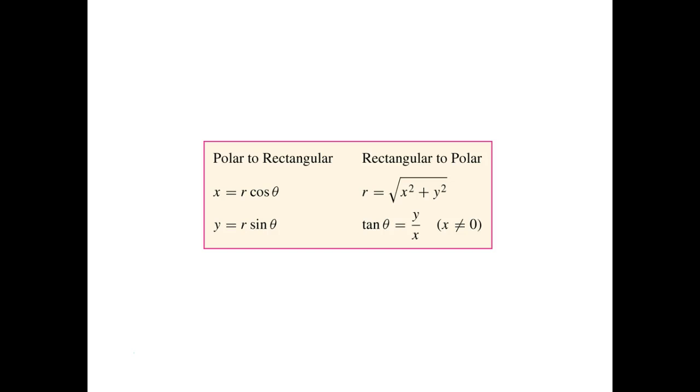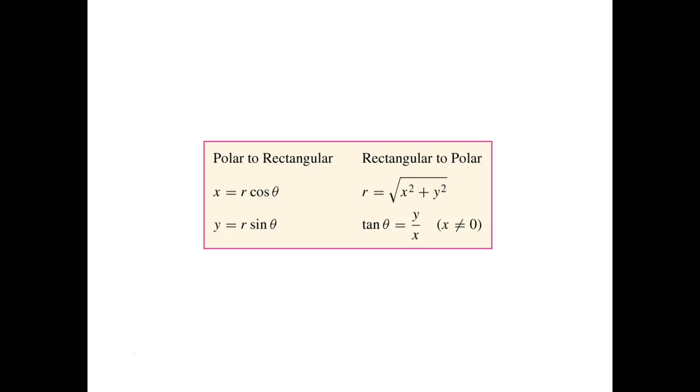The other issue here is, of course, x can't be 0, because where is x 0? At pi halves. And of course, tangent's not defined at pi halves. So you have to understand that's going to be a little bit problematic. And if you define this in terms of inverse tangent, it is only defined between negative pi halves and pi halves. So if you're anywhere else, you have to do some manipulation to get it to go there.